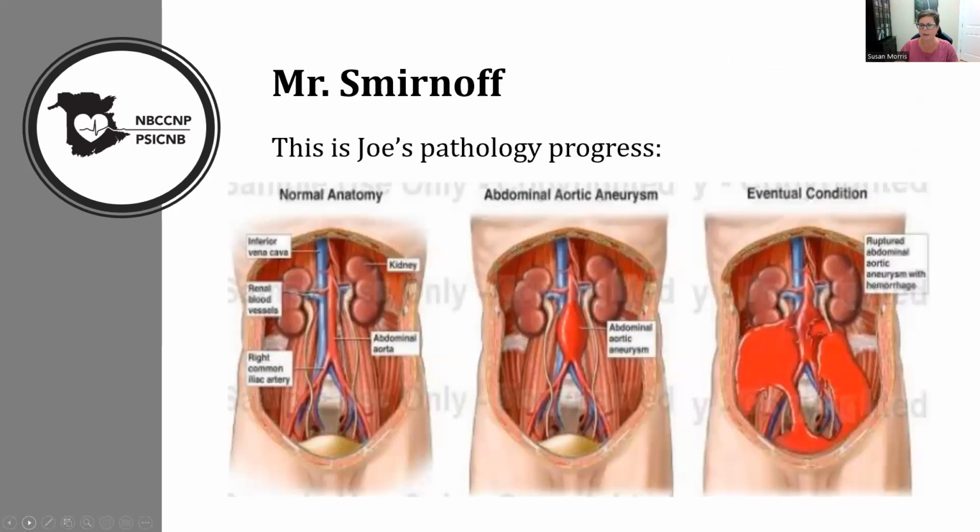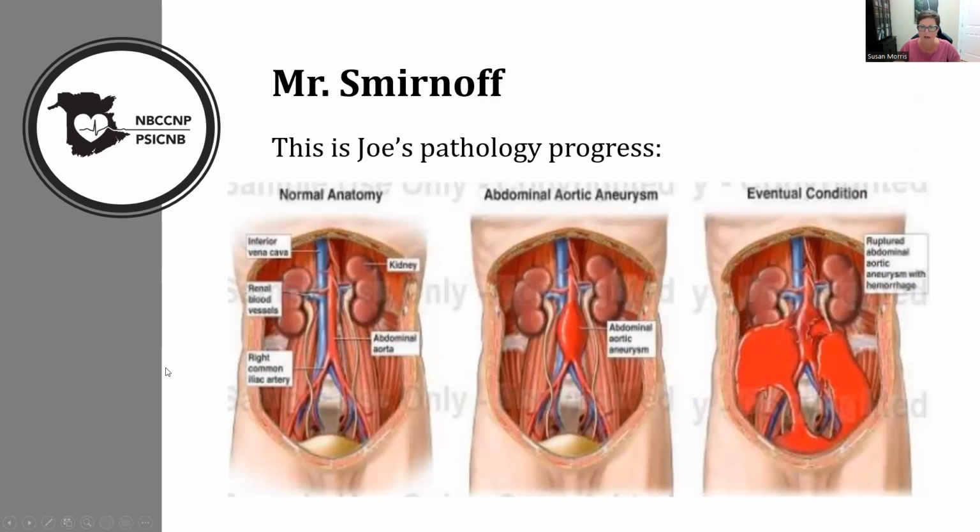So he goes to the OR. Here is kind of a picture of a normal aorta. Here is one that has an aneurysm, and here is one that has ruptured. The majority of patients do not survive a ruptured aneurysm. Joe was lucky.